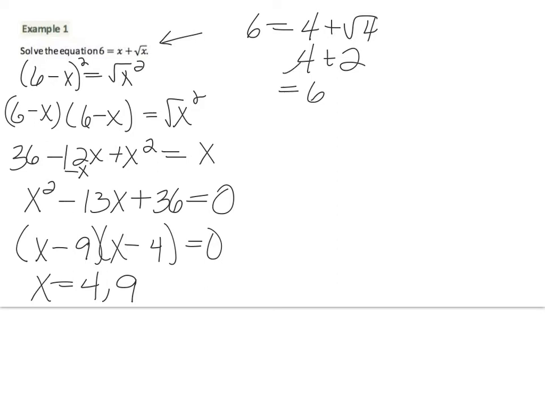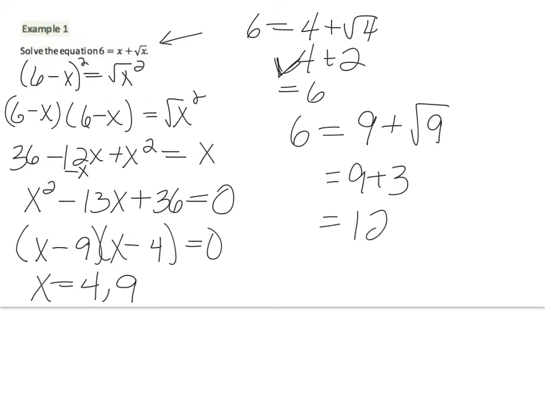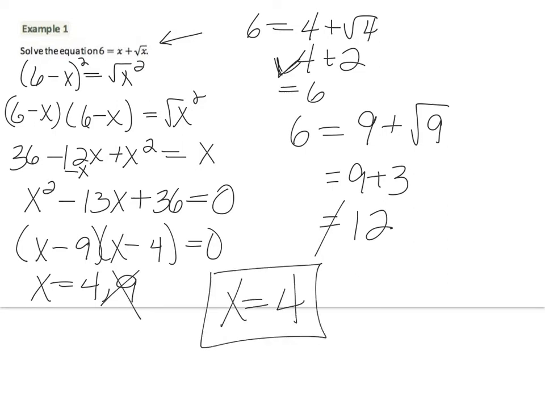We're good here. That's a check mark. 6 equals 9 plus the square root of 9. 9 plus 3 equals 12, which is not equal to 6. So 9 does not work. x equals 4 is my only solution.